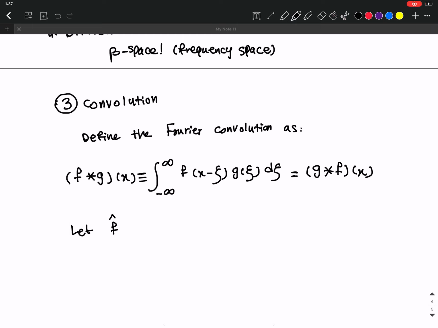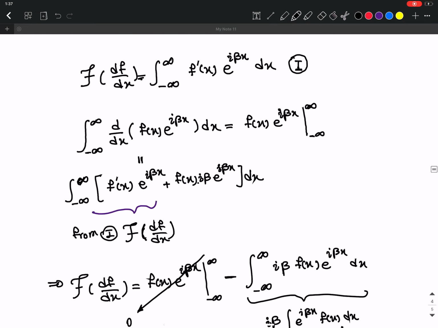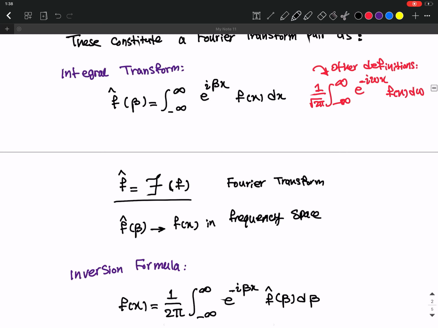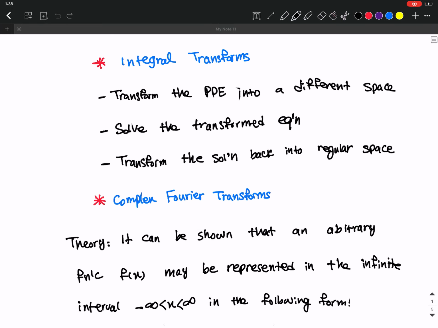So let f hat be the Fourier transform of f, and g hat be the Fourier transform of function g. Okay, so these are just the definitions we had before. Here, for example, is the Fourier transform, and by Fourier transform we mean this integral transform that you see here.